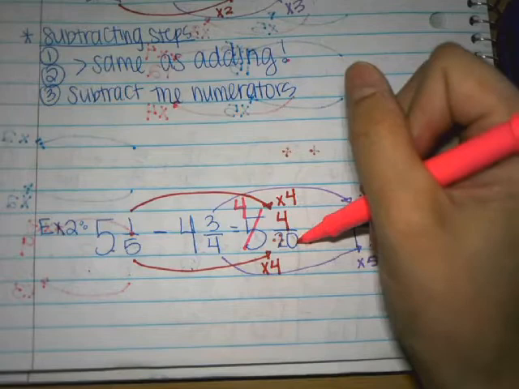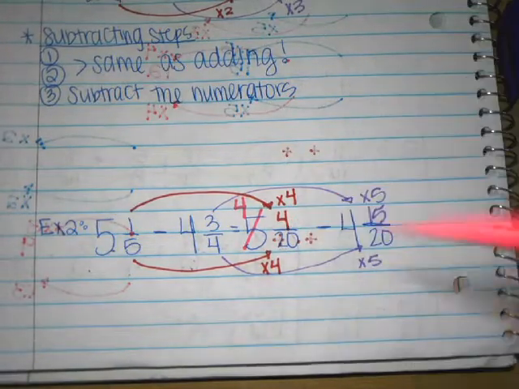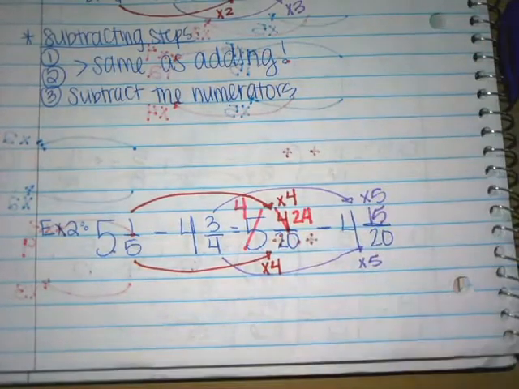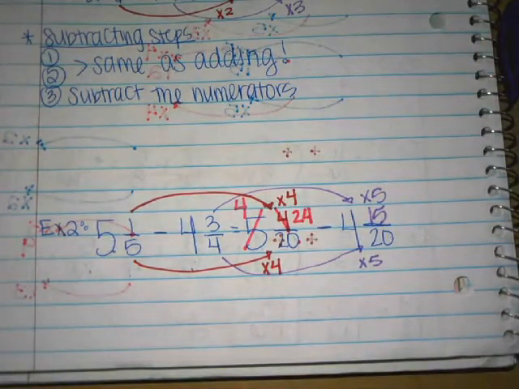So we're going to take that 20 plus 4, and that is, so my new numerator is 24. Does that make sense, guys? Take 1 away from the whole, take your denominator, add it to your numerator, and you get your new numerator. That's how you borrow with fractions.